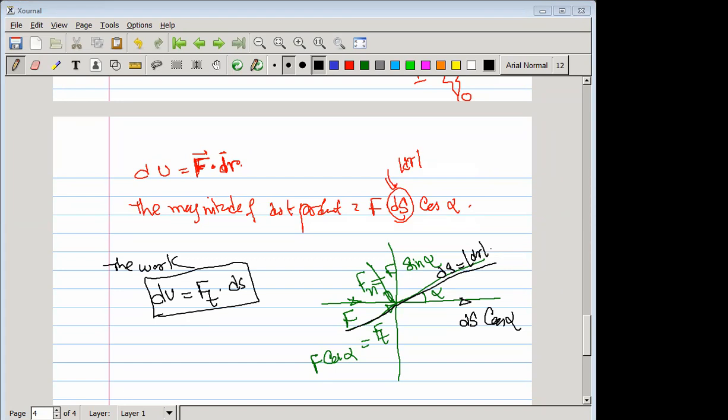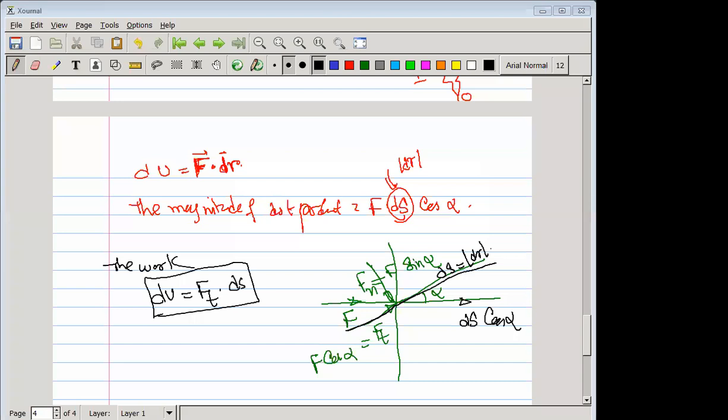Now see, for which case can we consider that work is positive? We can say work is positive if the working component, that is F t, is in the direction of displacement, and negative if it is opposite to the direction of displacement.